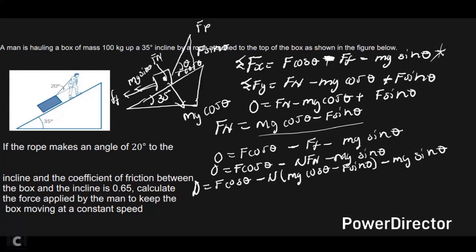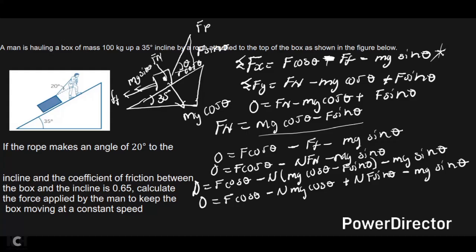So that's what you have found there. This is 0 there, it is F cos theta there. When you multiply everything, it will be negative mu mg cos theta positive mu F sin theta minus mg sin theta, like that. So from there now, let's put together the F's, so that we can find the force.